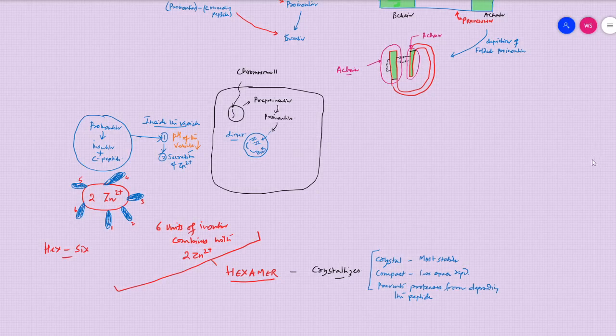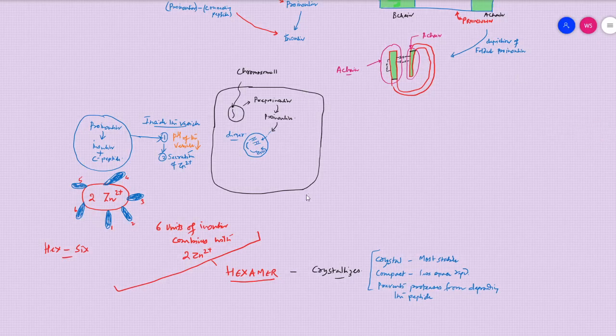Then what happens? Now we are going to talk about a pancreatic cell. How does it release insulin is what we are going to discuss now.